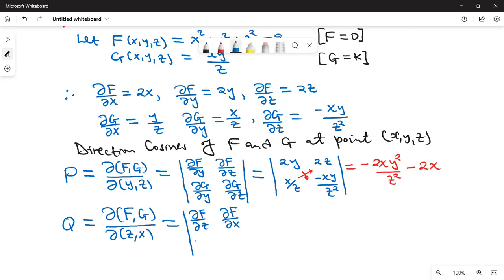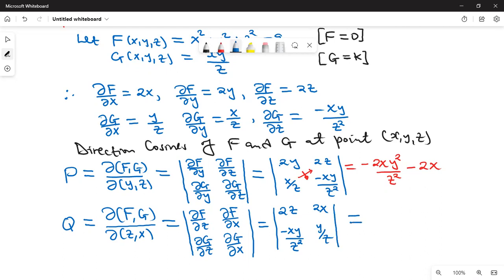The second row is partial g partial z, then partial g partial x. And we have these partial derivatives. Let us substitute: f with respect to z is 2z, f with respect to x is 2x, g with respect to z is negative xy over z squared, and g with respect to x is y over z.